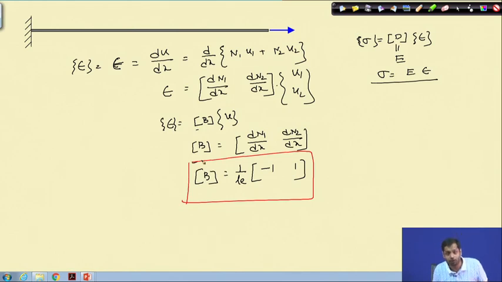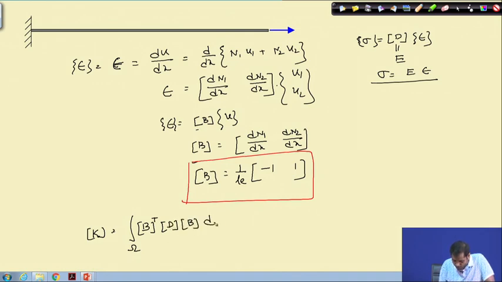Let us now find the expression for the stiffness matrix, and for that we use the general definition of the stiffness matrix. If you recall, the stiffness is equal to the integration over the entire domain of B transpose D B, and that integration is over the entire domain.